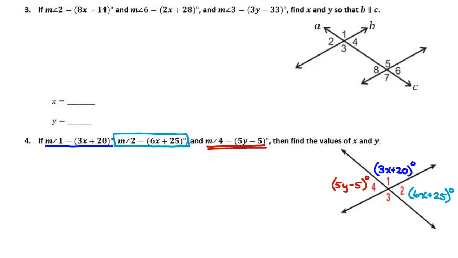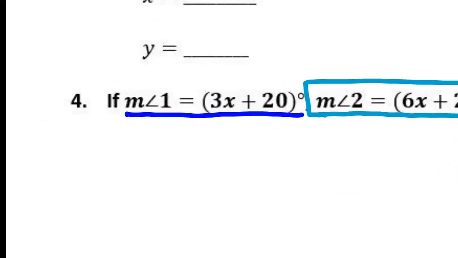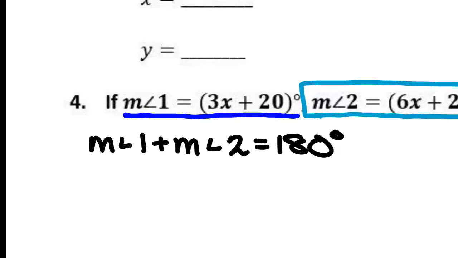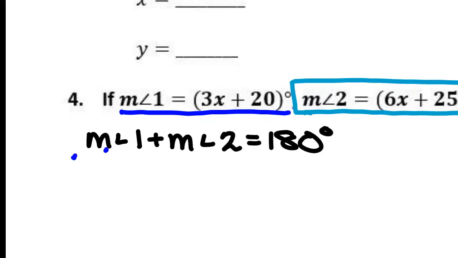So when I'm looking at the 2 angles that have x, because that's what I'm going to have to find first, are these 2 angles vertical angles or a linear pair? Linear pair. So they are going to add up to 180. So I can say the measure of angle 1 plus the measure of angle 2 equals 180 degrees, and then I substitute in the place of the measure of angle 1, I put 3x plus 20, drop my plus sign down.